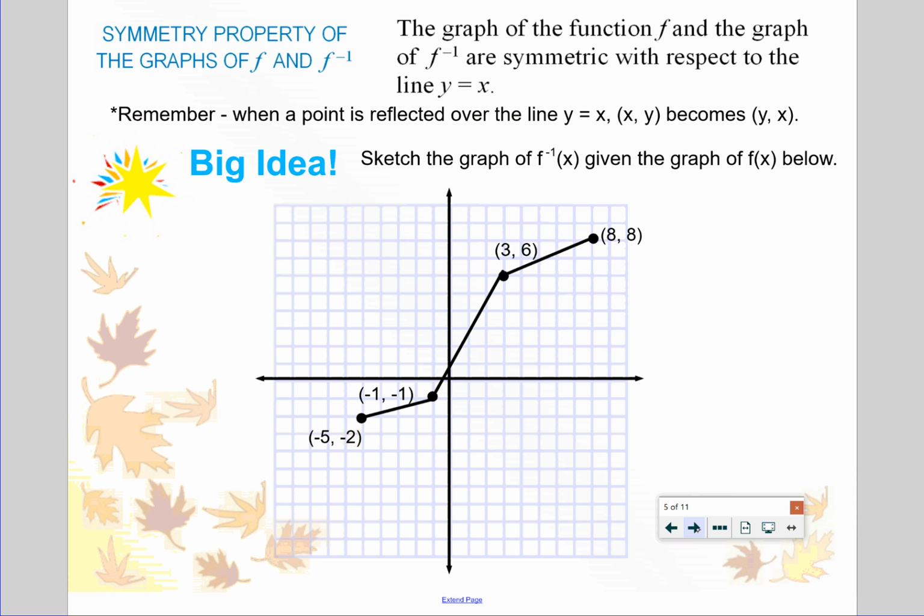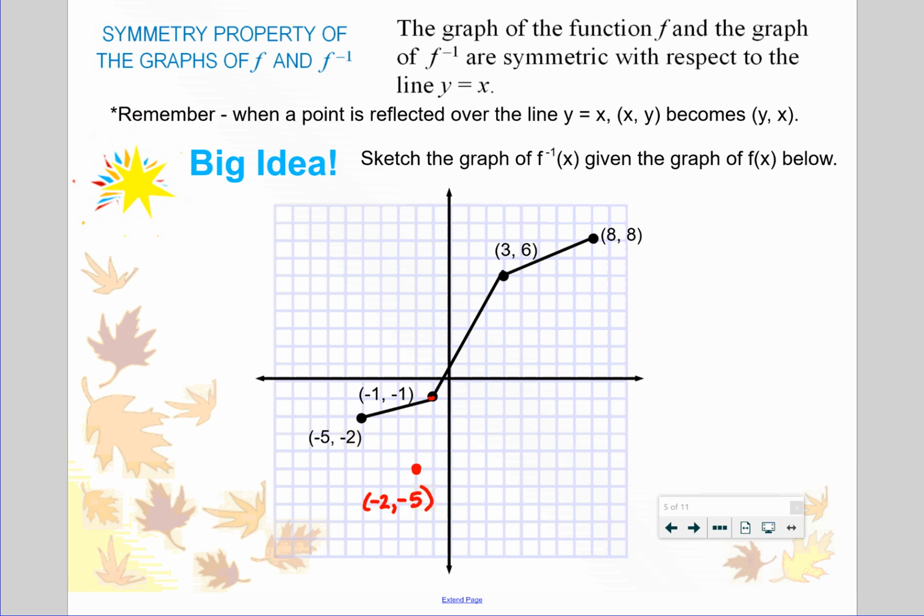So, for example, if I have the point -5, -2, and I flip the coordinates, it becomes what point? -2, -5. Plot that point. -2, -5. That point is on the inverse. If I have the point -1, -1, and I flip the coordinates, what does it become?